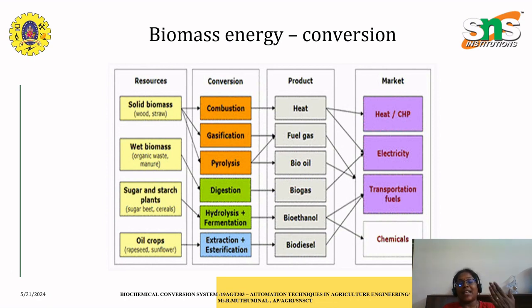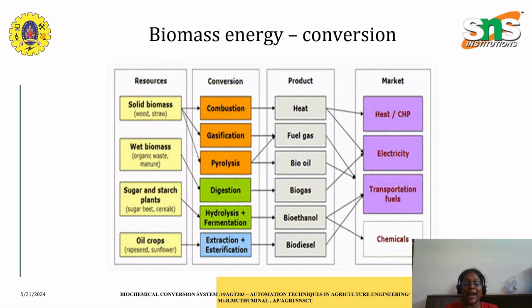So here, as I have shown in the first step, that is the resources. The resources are categorized into four categories. The first one is solid biomass, which includes wood and straw. The second one is wet biomass, that is organic waste and manures, like plant and animal organic waste and sewage wastes.